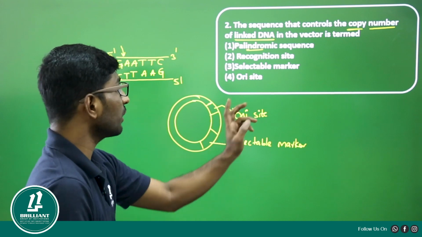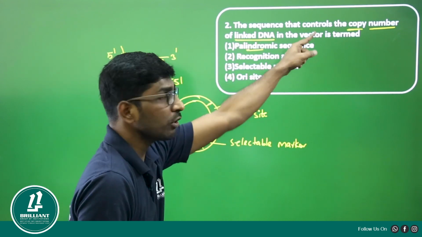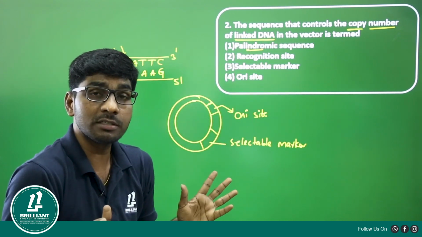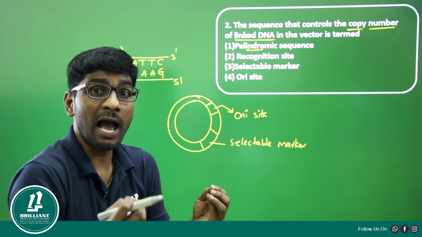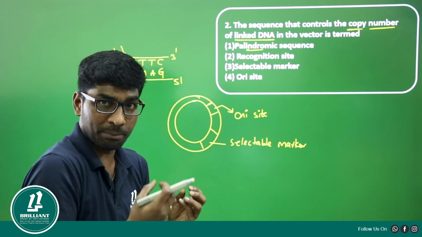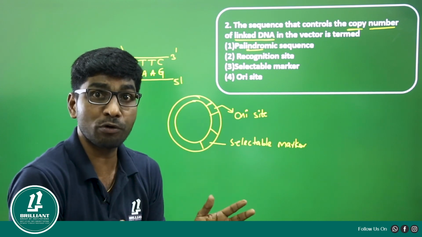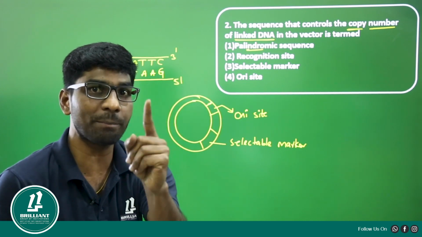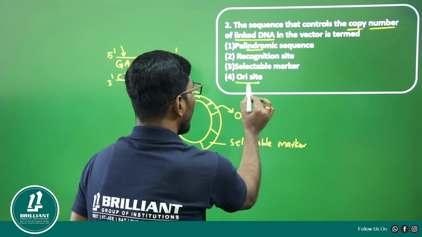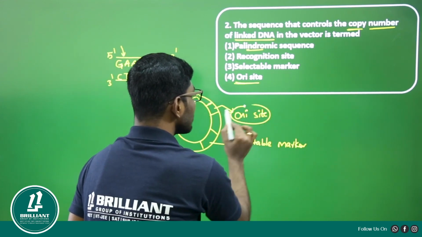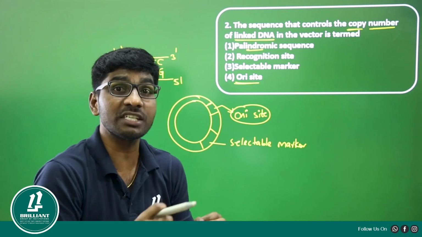But what they're asking in the question is the linked DNA copy number. So when we insert our desirable DNA into the plasmid, that DNA is going to be replicated into a number of copies from a particular site of the plasmid called what? ORI site. So the ORI site is the replication site.